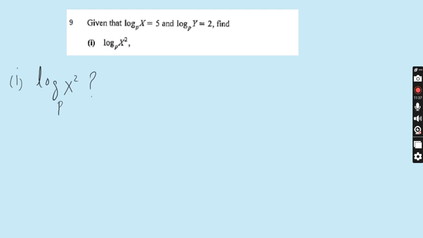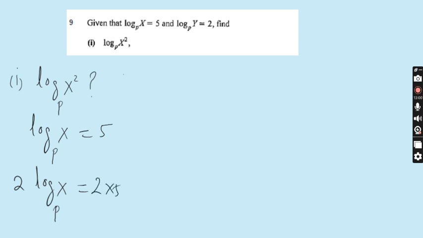So taking the given log p x equals to 5, multiply both sides by 2. 2 into log p x is equals to 2 into 5.